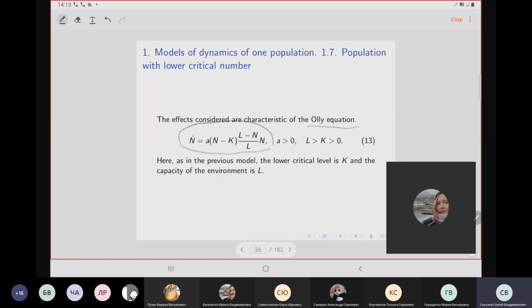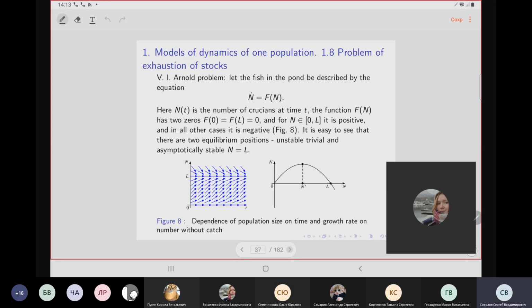Well, another interesting model for one population. It is the problem of exhaustion of stocks. The problem was introduced by Soviet mathematician Arnold, and the idea is as follows.